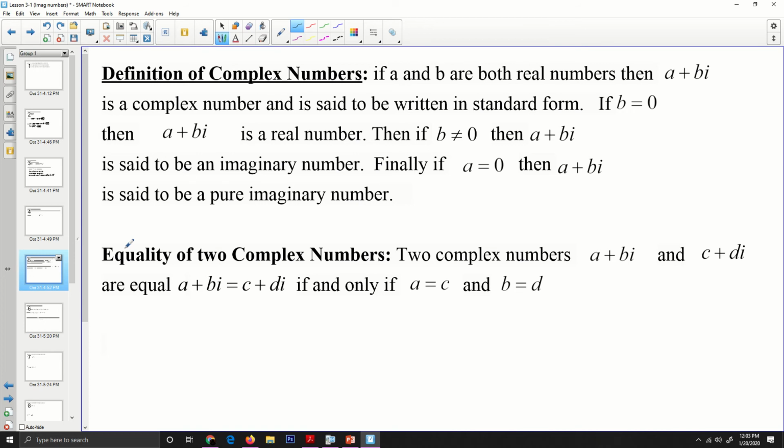If b is not 0, then a plus bi is said to be an imaginary number, and if a equals 0, then a plus bi is said to be a pure imaginary number. The equality of two complex numbers: a plus bi and c plus di are equal if and only if a equals c and b equals d. It's pretty straightforward.